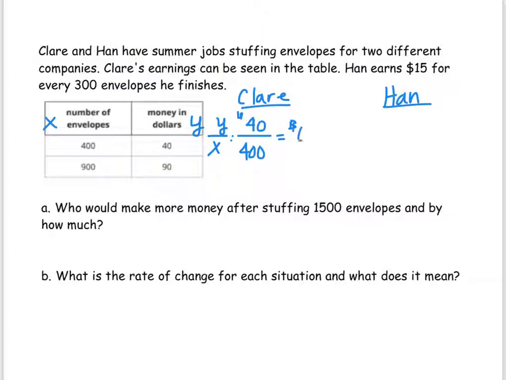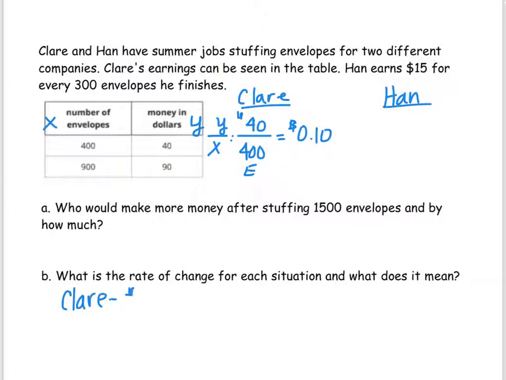When I divide, I get 0.1, but this is money. Again, this is cost over envelopes. So I get 10 cents, and when I jump down and look at letter B, that is the rate of change for Claire.